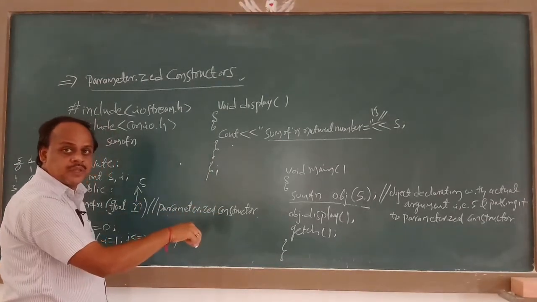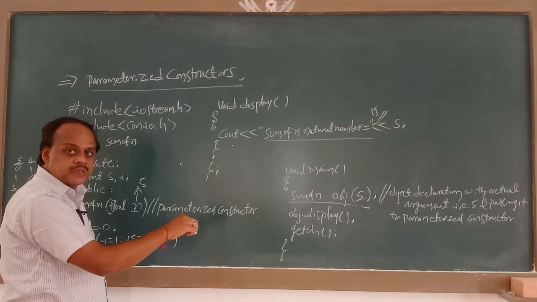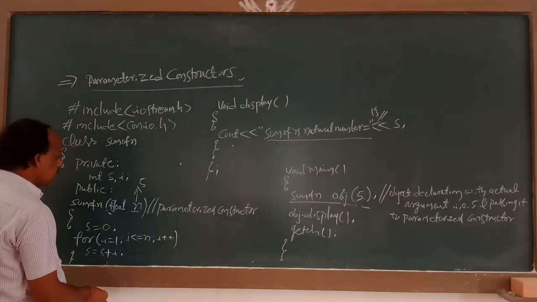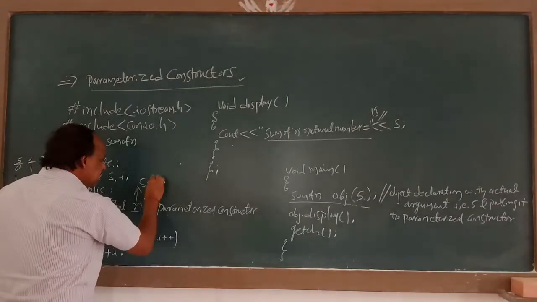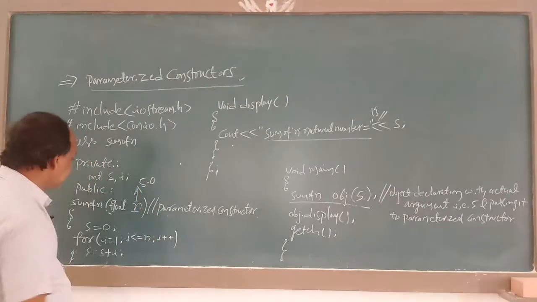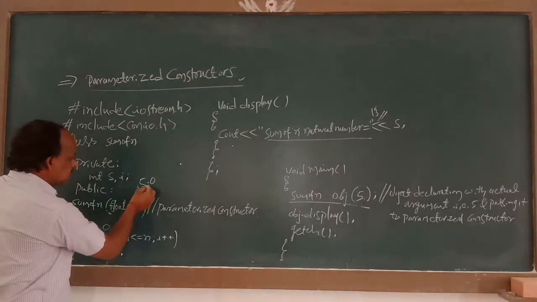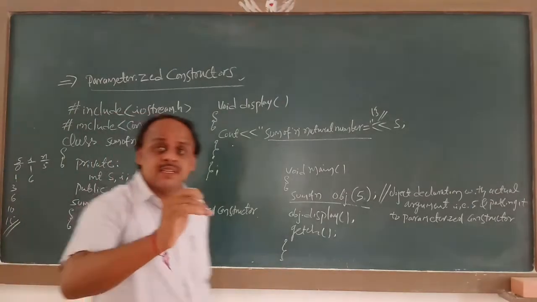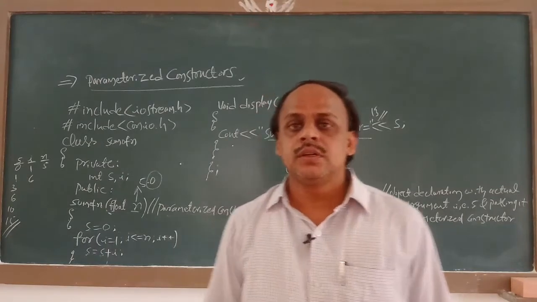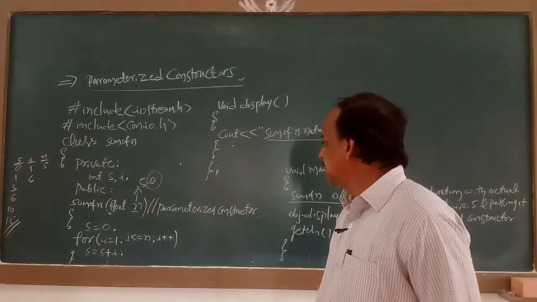At this time, what happens in C++? The compiler is going to make this 5 as 5.0, meaning the compiler considers the fractional part as 0. So this adjustment is done.